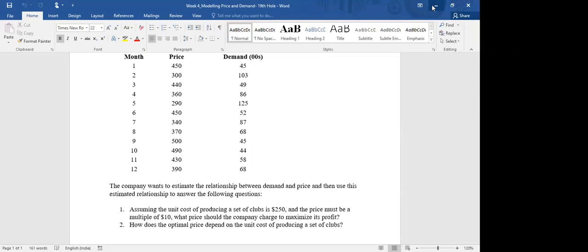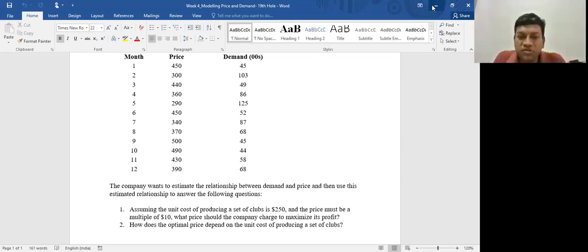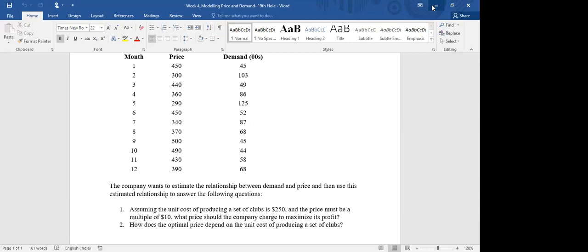Sir, while we are downloading the files, can I ask a question regarding the last slide, about changes over time in the demand curve? Yes, sure. There is one factor mentioned, the fourth one, changes over time. I was just thinking of mobile phones.